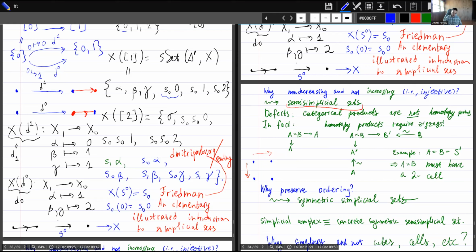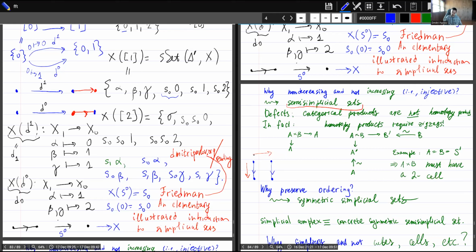For example, I can take the product of this non-degenerate one simplex here, and one of the two vertices, which is the degenerate simplex here. So if I take this vertex, I get this simplex. And if I take this vertex, I get this simplex.